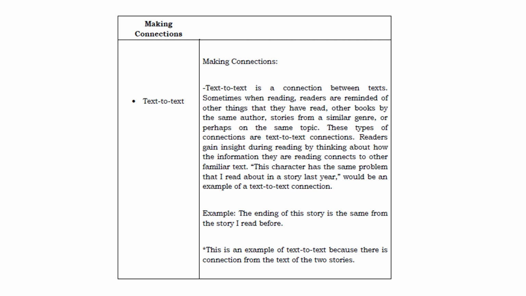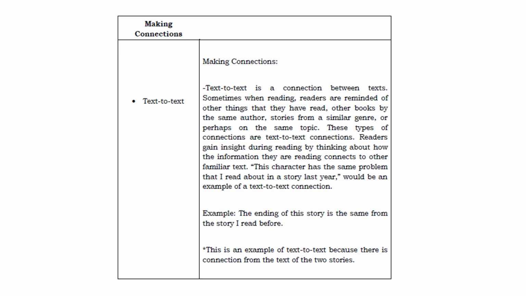So ito na, when you are trying to make connection through text-to-text, ibig sabihin, nire-relate mo yung nabasa mo sa mga nauna mo pang nabasa. These types of connection are text-to-text. Readers gain insight during reading by thinking about how the information they are reading connects to the familiar text.